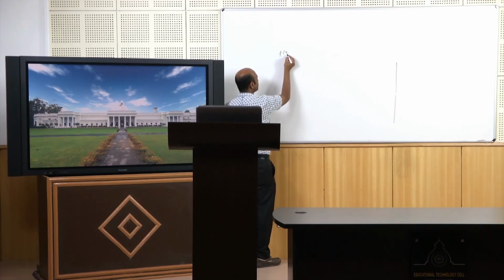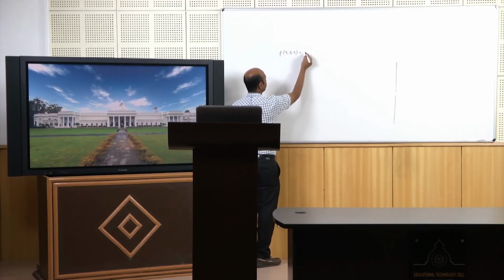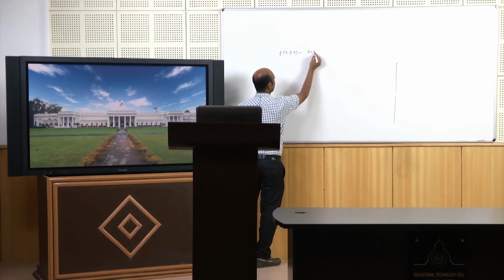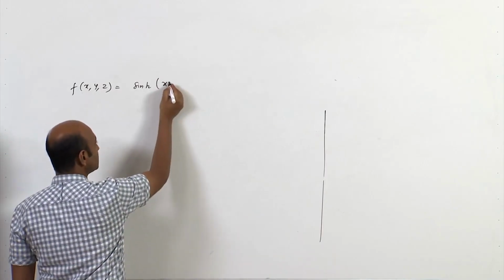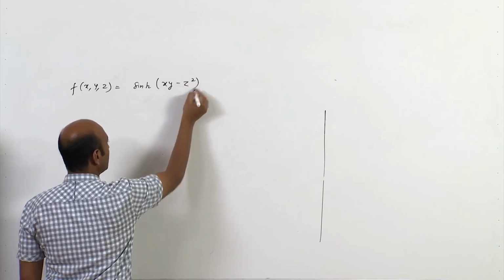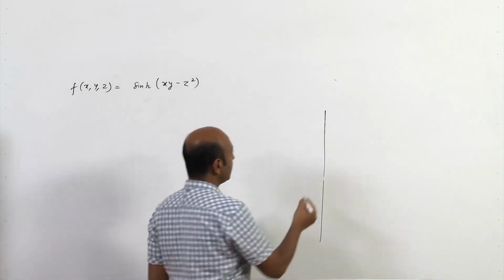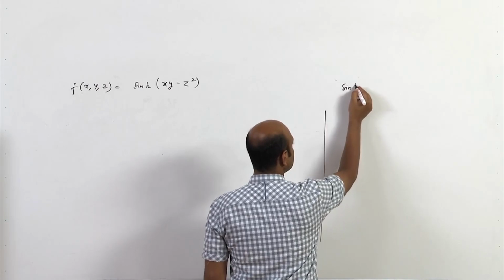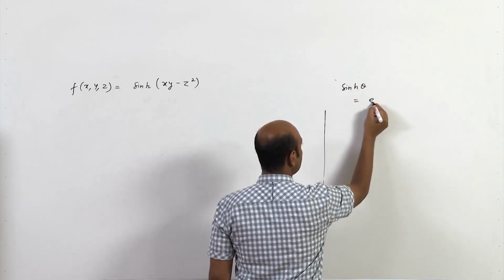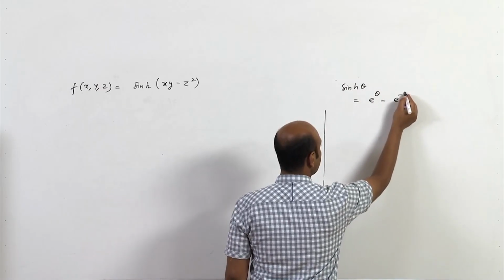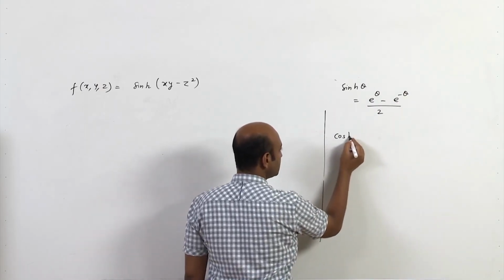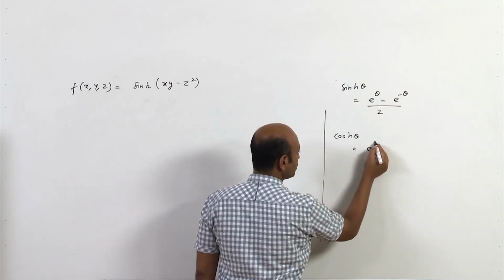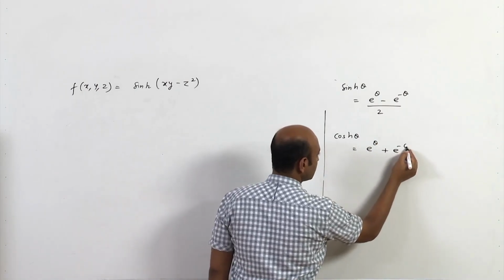Now, suppose f of x y z is sine hyperbolic of xy minus z square. What is sine hyperbolic theta? Sine hyperbolic theta is e raised to power theta minus e raised to power minus theta upon 2, and cos hyperbolic theta is e raised to power theta plus e raised to power minus theta upon 2.